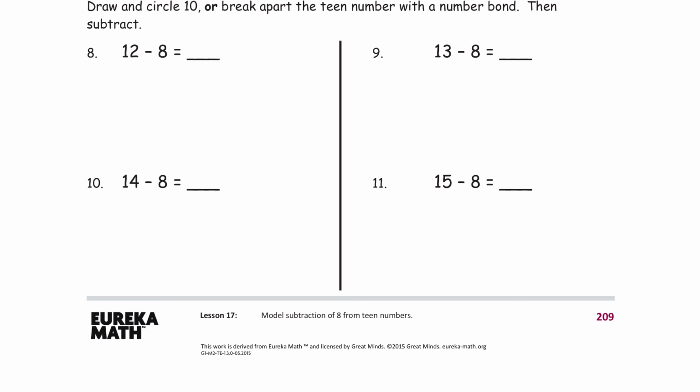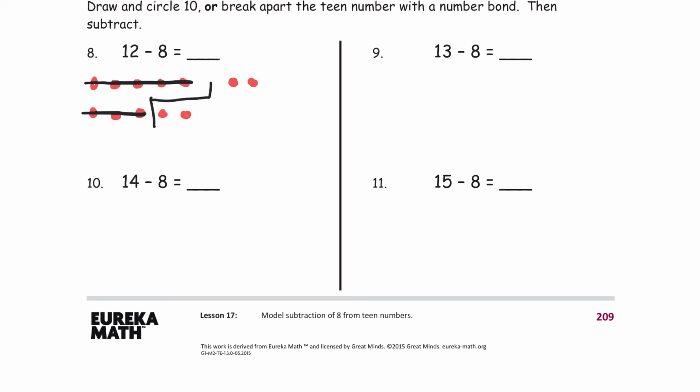So this one right here, number 8, we have 12 minus 8. Let's draw that out together. So let's draw out 12. 1, 2, 3, 4, 5, 6, 7, 8, 9, 10, 11, 12. And I'm going to subtract 8. So I'll cross out 8 here.